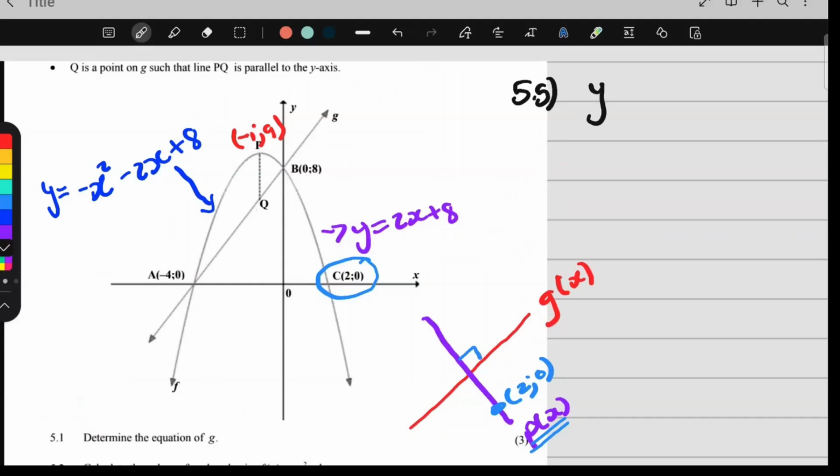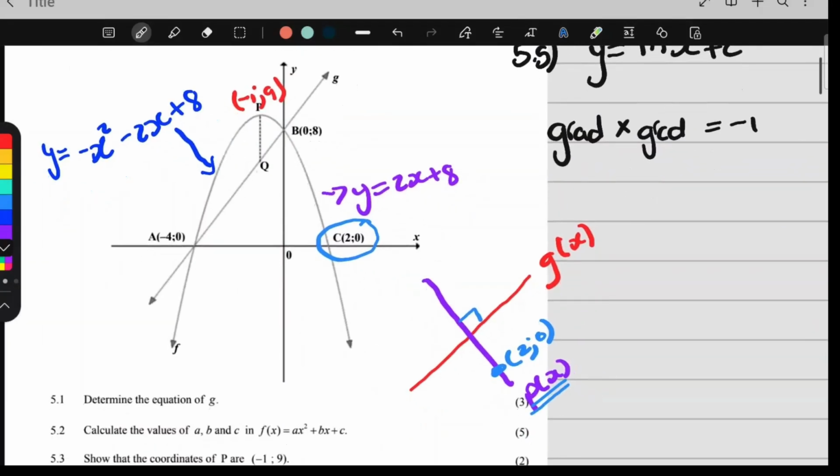So, standard form for any straight line is y is equal to mx plus c. We know that if we take the gradient of one line times the gradient of the other line, it is equal to -1 if lines are perpendicular. So, let's write m is gradient.